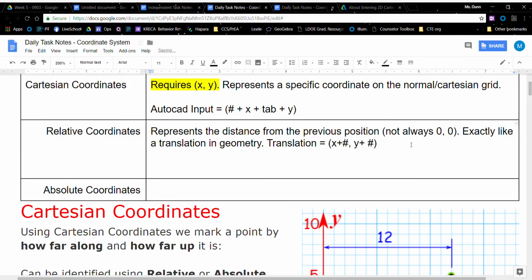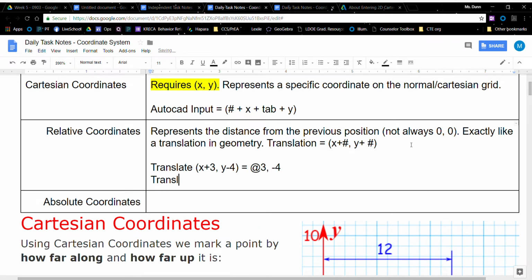So if I'm telling you to translate something where x is going to the right by 3, and then y is going down by 4, then how that looks in AutoCAD is I would say at 3, comma, negative 4, period.